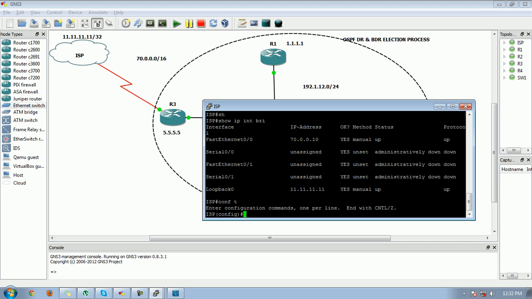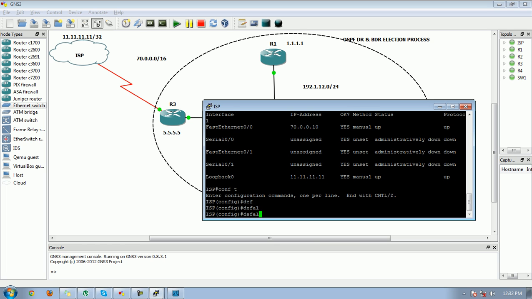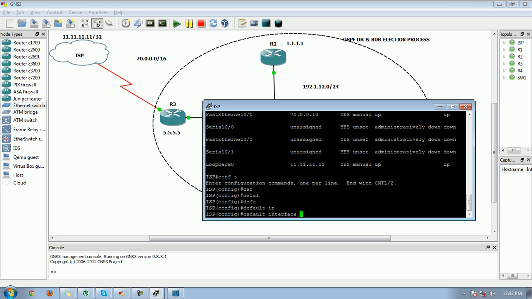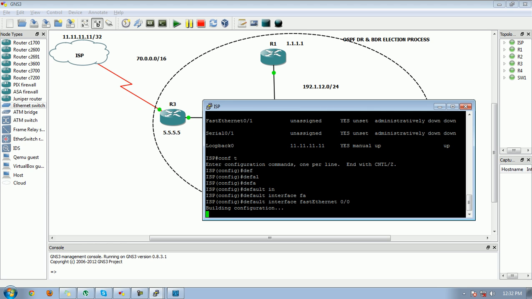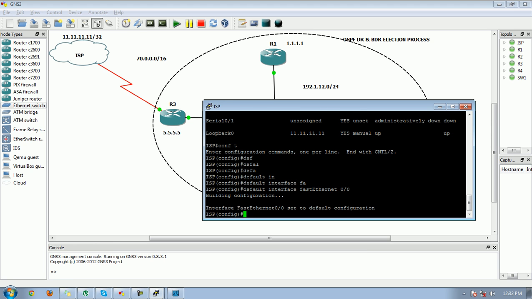How to remove IP address? If you want to remove any configuration from an interface, give default interface FastEthernet 0/0. This will remove all the configuration from that interface. Okay, but the protocol will not go down.